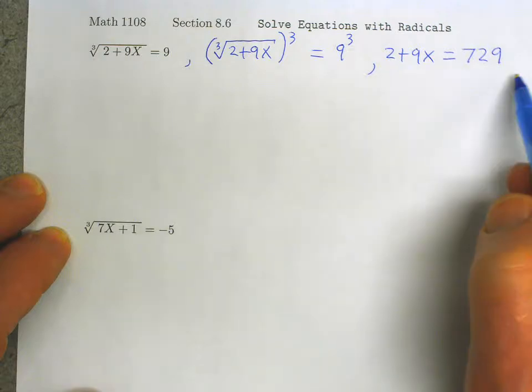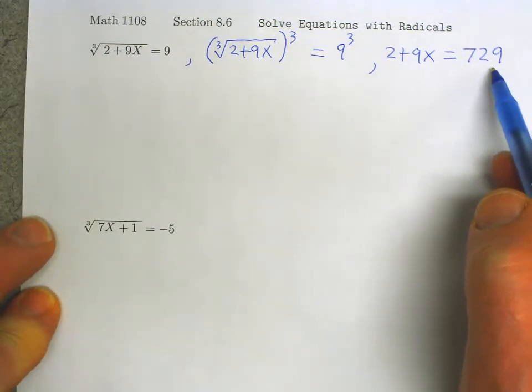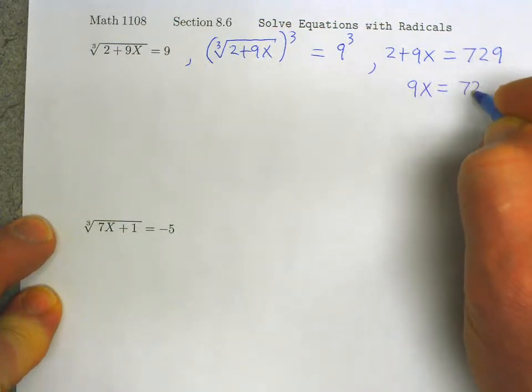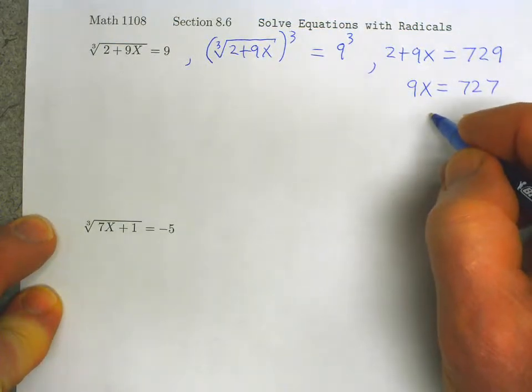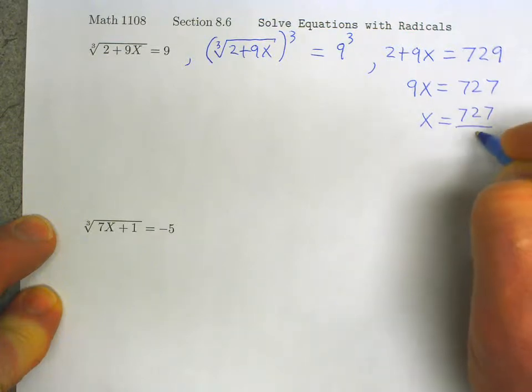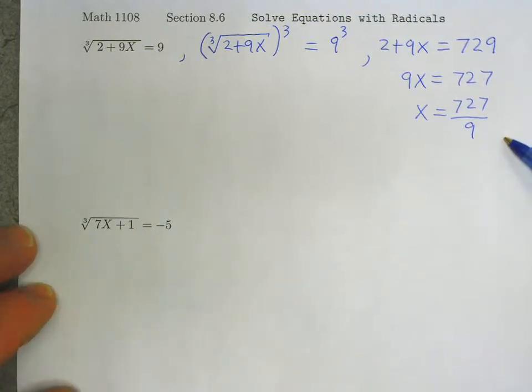And then this equation is easy enough to solve. Subtract 2 from both sides, so 9x equals 727. Then divide both sides by 9, x equals 727 divided by 9. This is an improper fraction, but improper fractions are okay, and it cannot be written in lower terms.